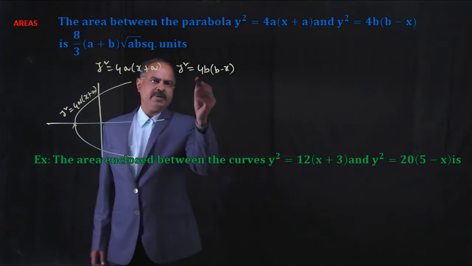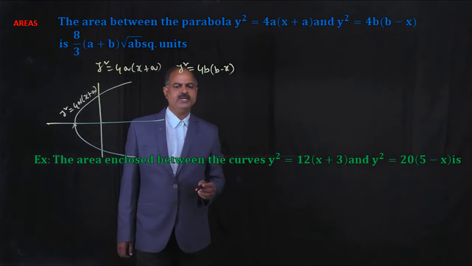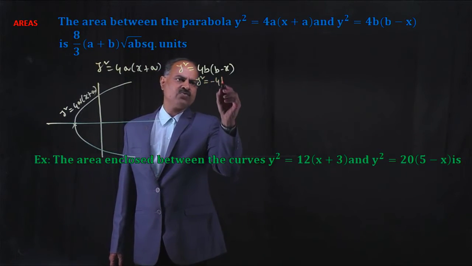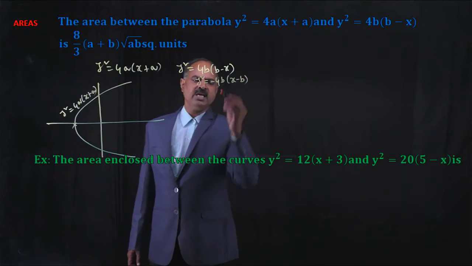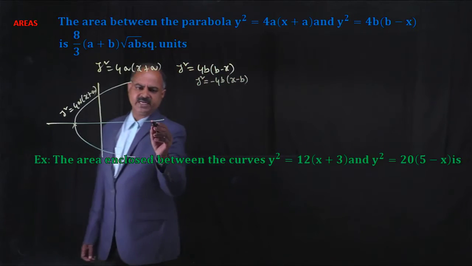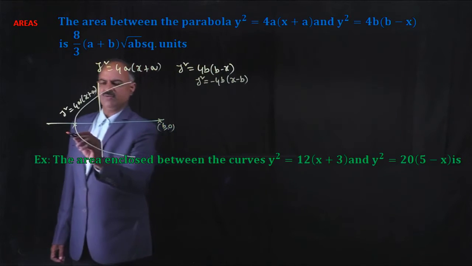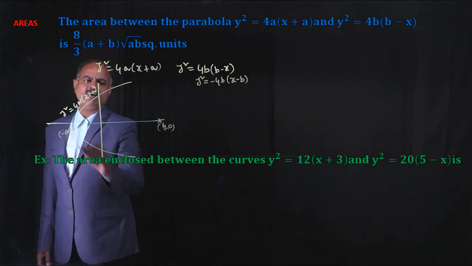Next parabola y^2 = 4b(b - x). This can be written as y^2 = -4b(x - b). Here the vertex is (b, 0). So this vertex is (-a, 0).